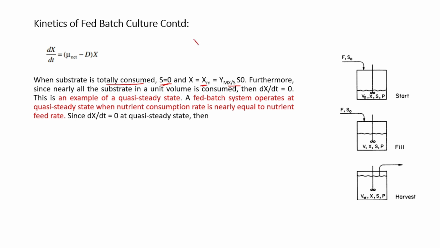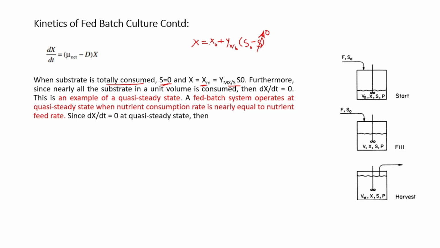We have seen that the expression for biomass is given by X is equal to X0 plus Y excess into S0 minus S. Okay, this was our expression we have already seen. Now we are taking this S to be 0.